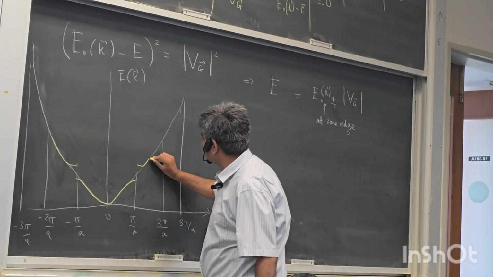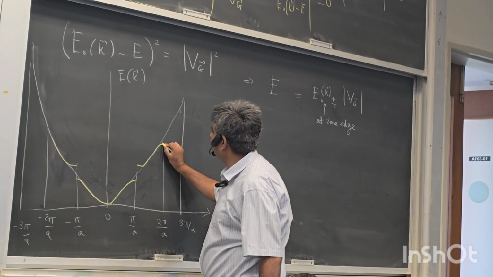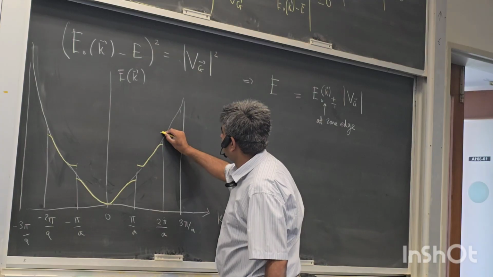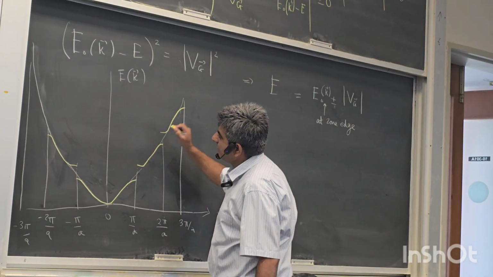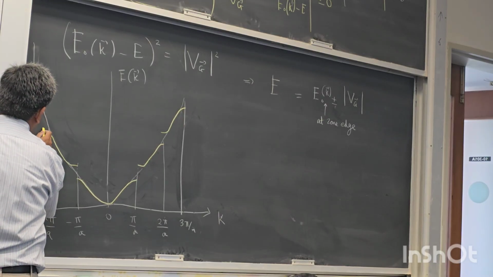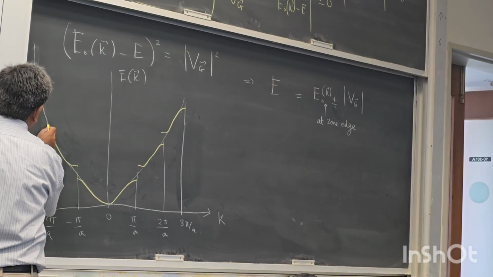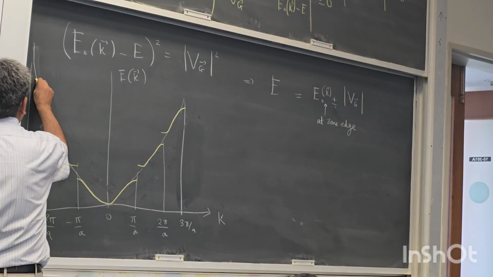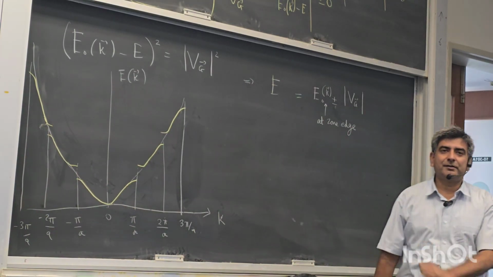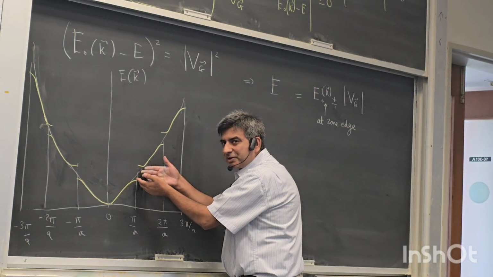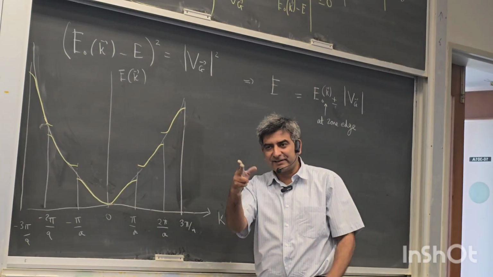It then keeps on following this route and then drops down again, drops down again. So this is what is happening here. And we observe that at the zone boundaries, the dispersion relationship has, as if someone has taken a scissors and cut it out.